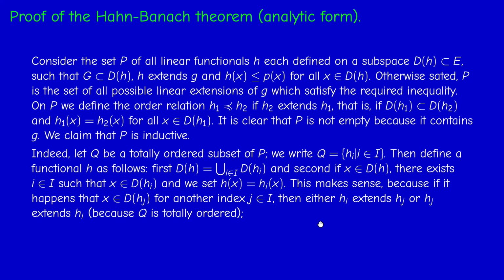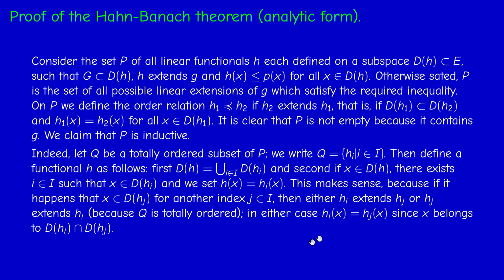Suppose that x belongs to D(h_j) for another index j. Since Q is totally ordered, either h_i extends h_j or h_j extends h_i. This is the assumption of total ordering. But in either case, h_i(x) equals h_j(x), because x belongs to both domains.